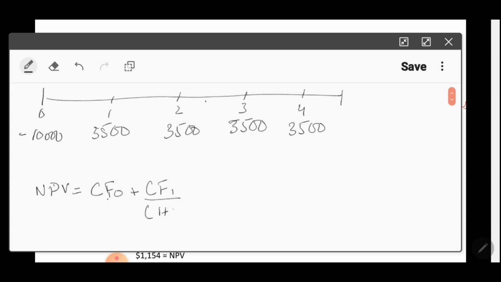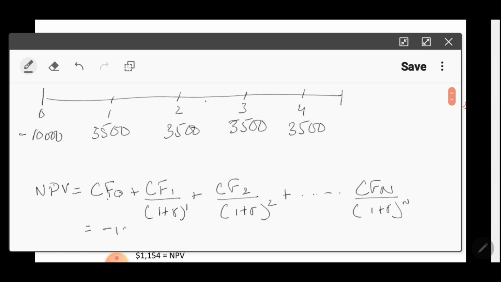So that will be 1 plus R. This is your NPV formula, and it will keep on going till cash flow N. So the cash outflow at time 0 पे क्या cash है 10,000, negative 10,000. So it will be negative 10,000 plus this is 3,500.